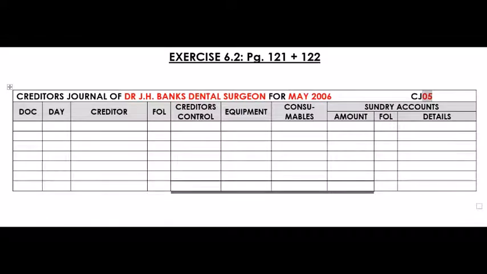So in the CJ, it will be invoice number 45. On the 3rd, the creditor was the toolbar, creditor number 1. The value must go to creditors control and somewhere else. In this case, dentist tools are seen as equipment.